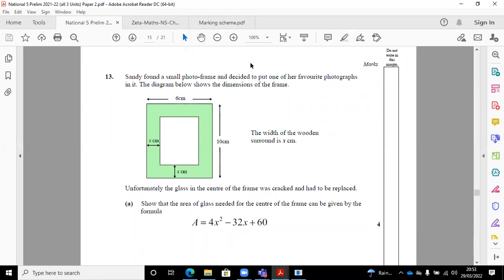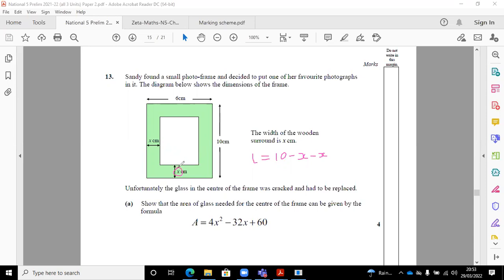So the length would be 10 minus 1x minus another x. Ah, right, okay, yeah.